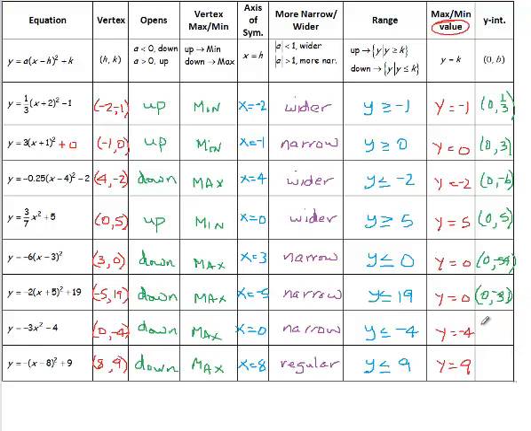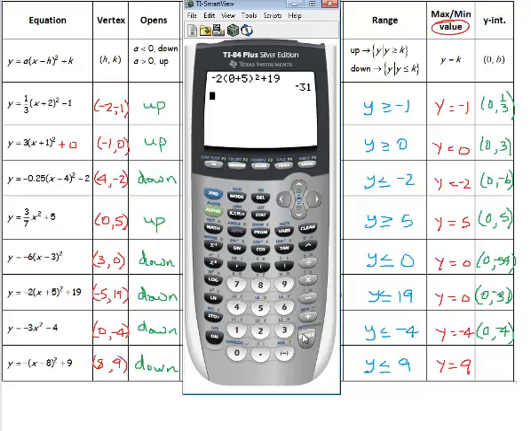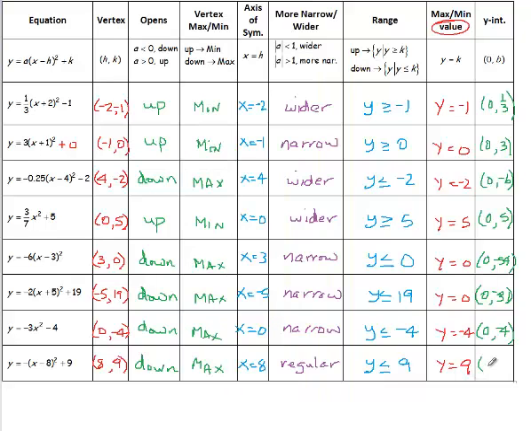Next one is an easy one because it's the same as the vertex, 0, negative 4. And the last one, open bracket, 0, subtract 8, close bracket, squared, plus 9, gives us negative 55. So the last one has 0, negative 55.